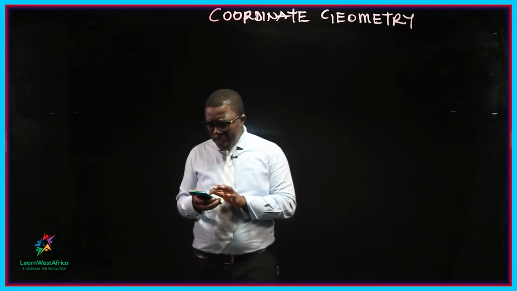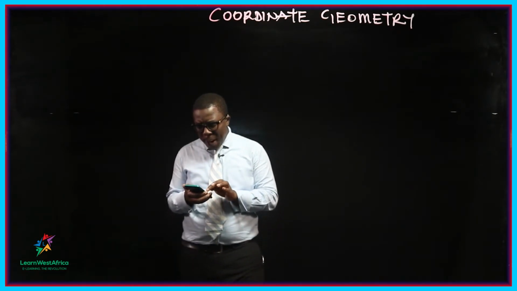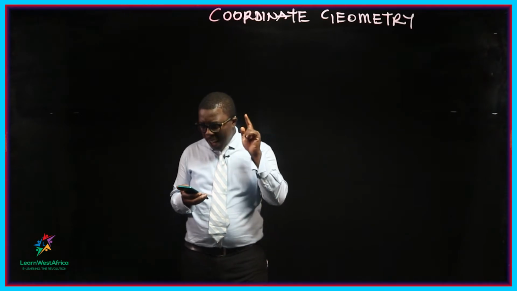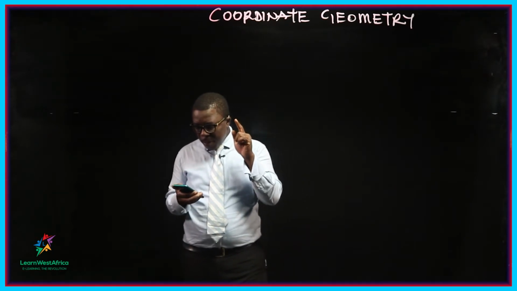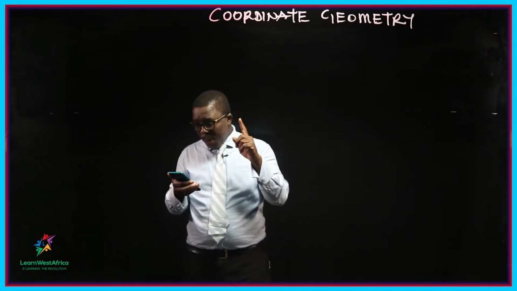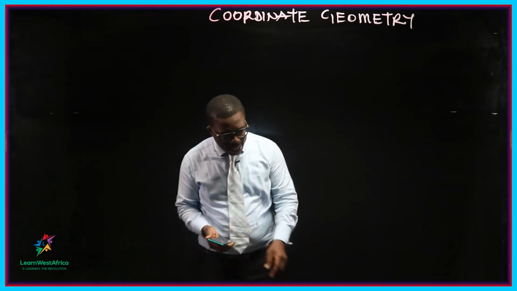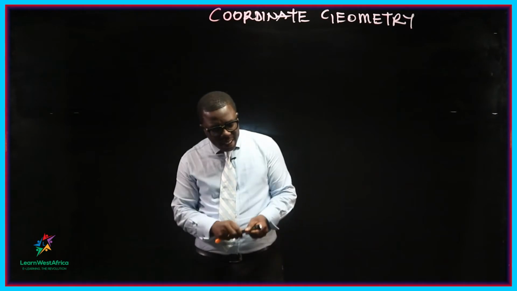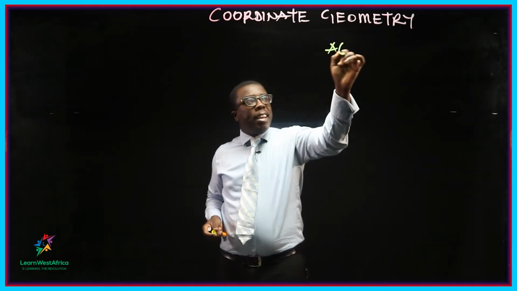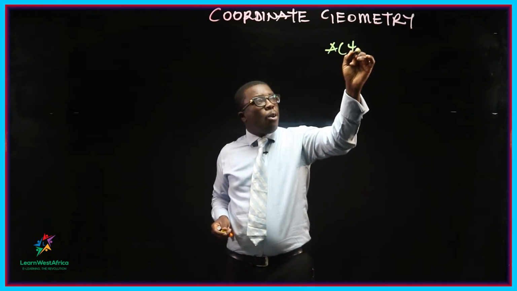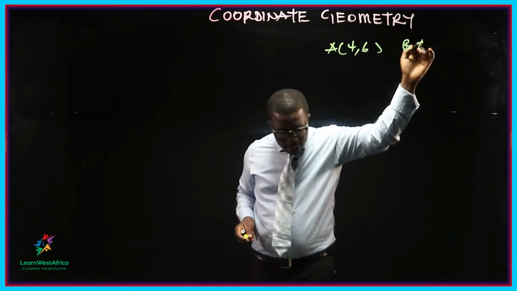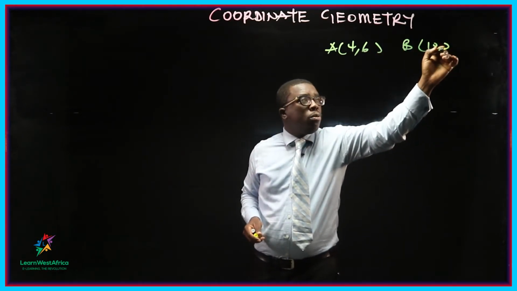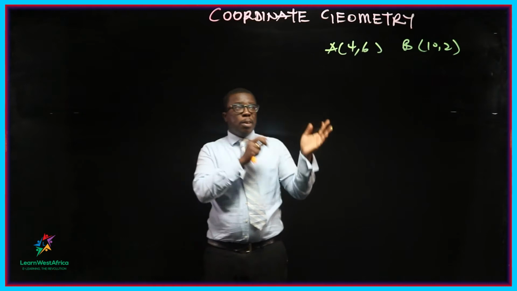So we are being asked to find the equation of the perpendicular bisector of AB. All right, so let's see how we would do that. We have a point A, which is (4, 6), and B is (10, 2).